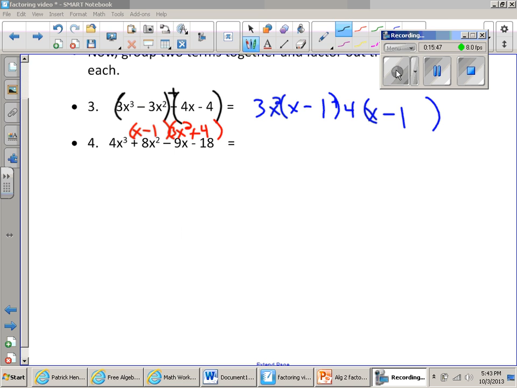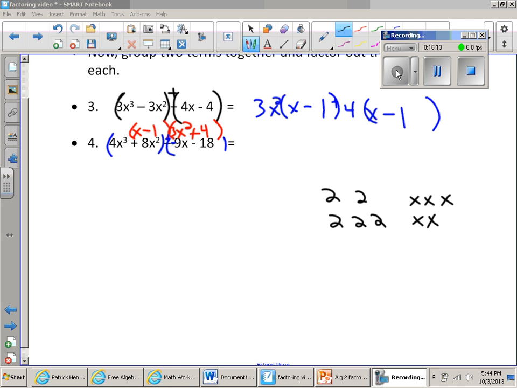Alright, let's look at the second. We're going to group the same. First 2, last 2. That minus is going inside with the 9, and we're going to put a plus in the middle. 4x squared is 2 times 2, 3x, 8 is 2 times 2 times 2, x squared.